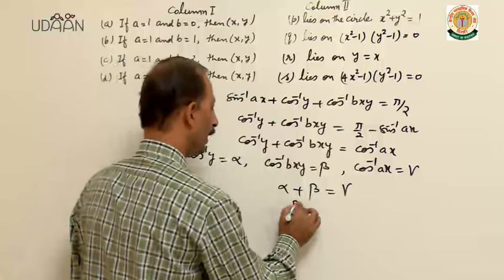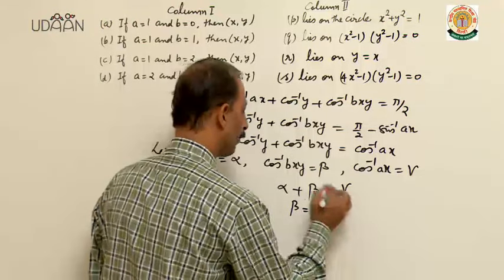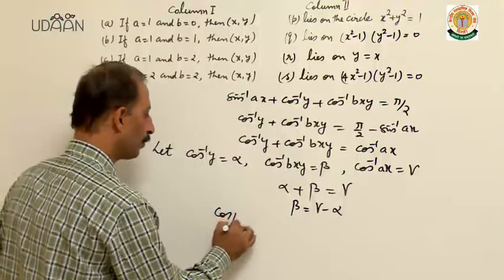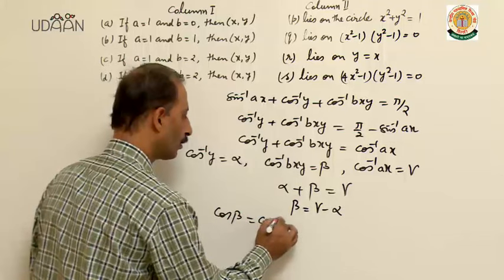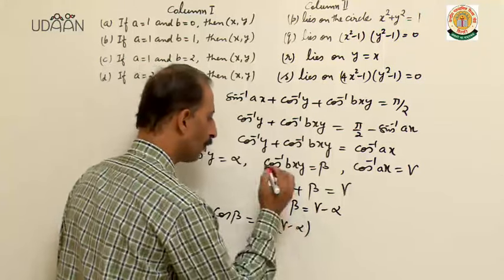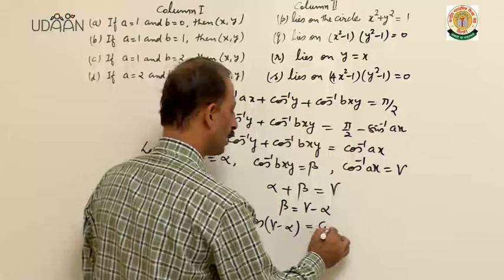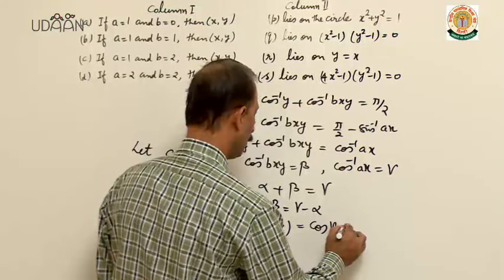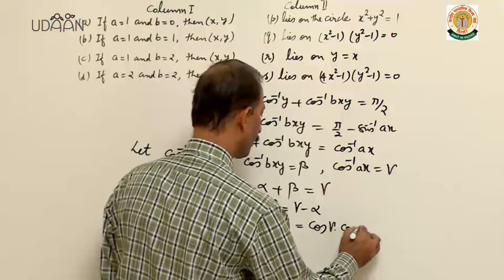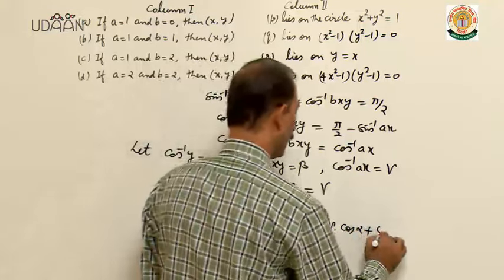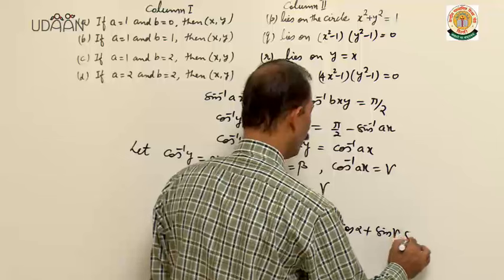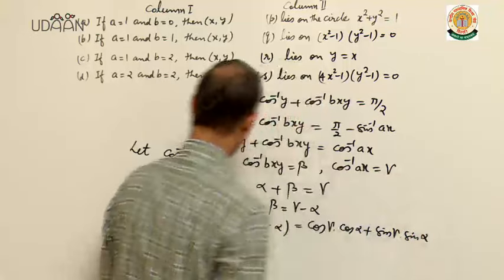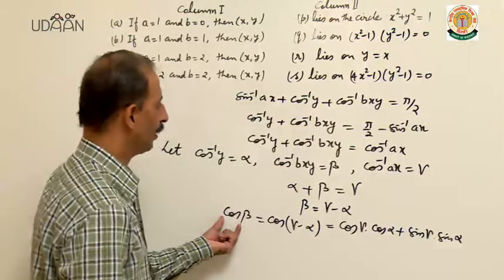So beta is equal to gamma minus alpha. So what is the value of cos beta? Cos of gamma minus alpha. You know the identity for cos A minus B: cos gamma into cos alpha plus sin gamma into sin alpha.